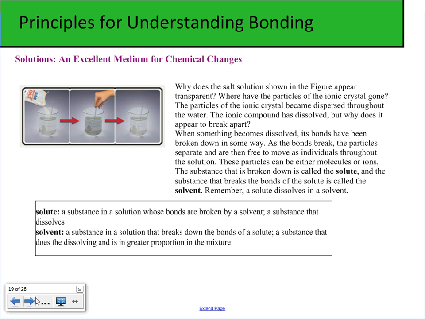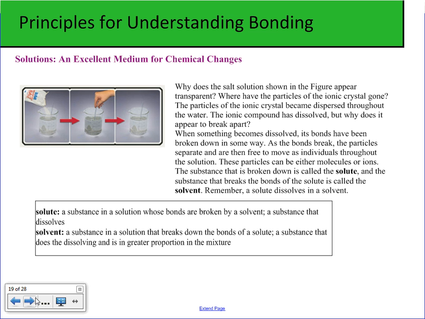The substance that is broken down is called the solute, and the substance that breaks the bonds of the solute is called the solvent. Remember, a solute dissolves in a solvent. One way to keep this in mind is that the solute will be in the lower quantity than the solvent.